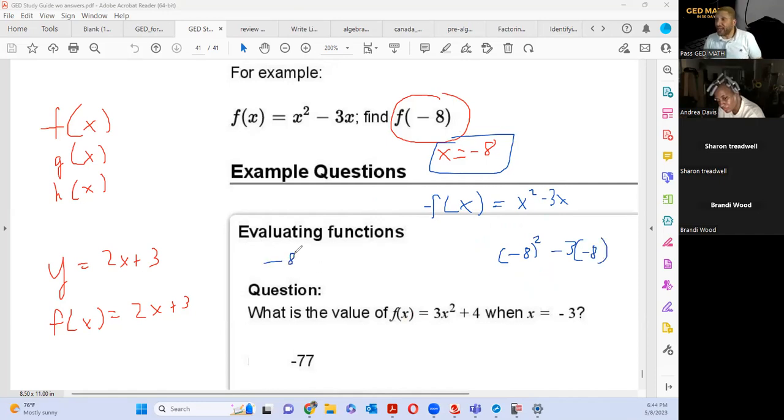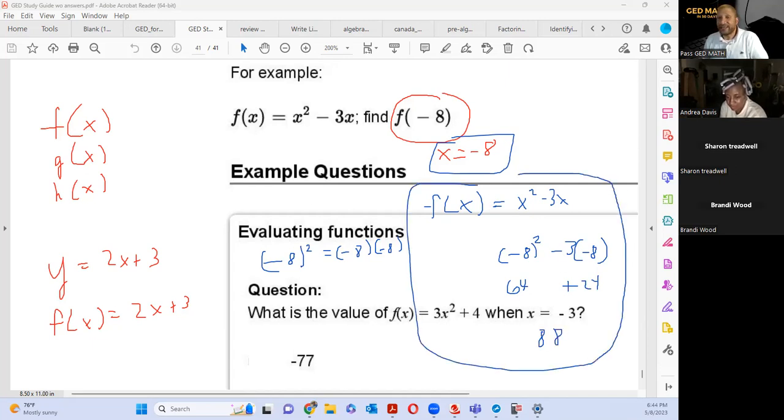Now, (-8) squared is equal to -8 times -8. Two negatives make a positive. 64 plus 24 is 88. This is correct now. This is why on the GED exam, when you have to evaluate an algebraic expression or a function, one of the values is always going to be negative, because they want to see if you're going to make that mistake.